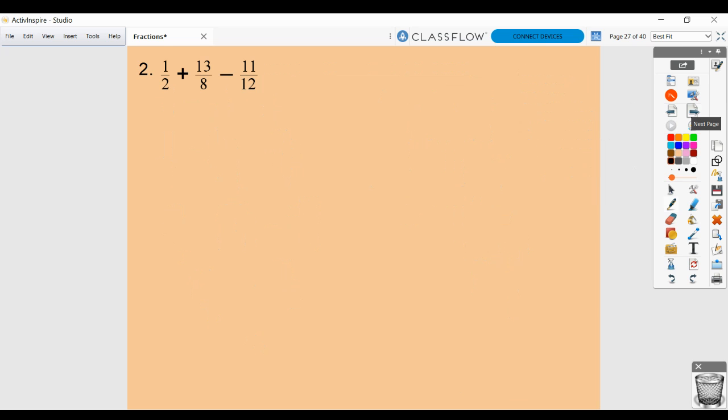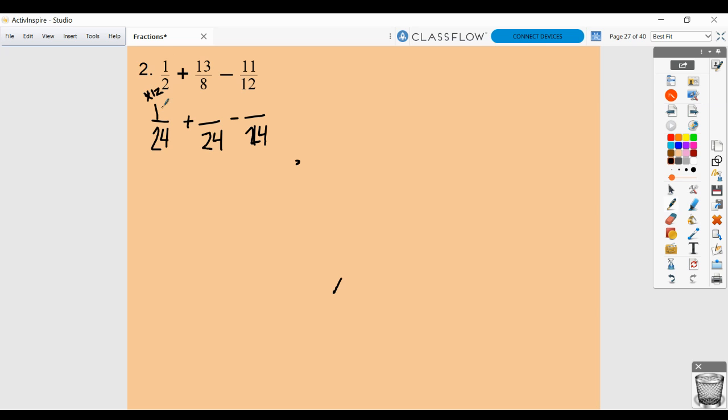Okay, the next example, we need to get a common denominator. So we have 2, 8, and 12. The common denominator, you're trying to think of multiples, and it looks like it would be 24. So 2 times 12 is 24.